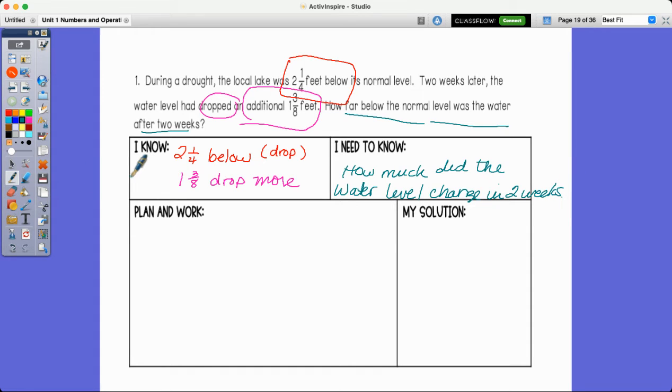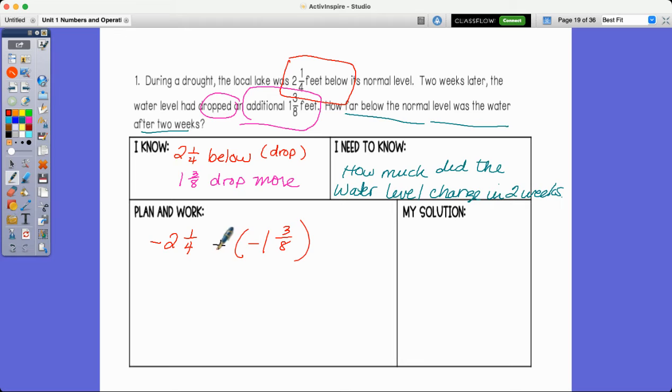So we're going to do our plan. I have. This is below, drop. That is a negative number. Those words should be going ding, ding, ding, ding, negative. So I'm going to write this in red to make sure that we know that this is negative. I have negative 2 1/4 feet, plus I have an additional drop, so another negative number of 1 3/8 feet.